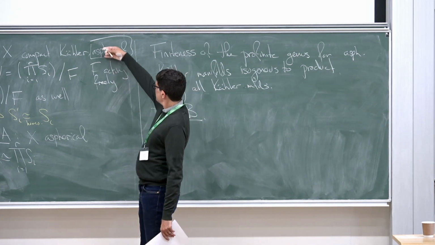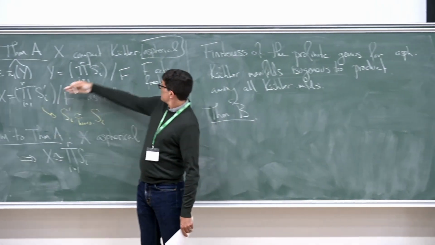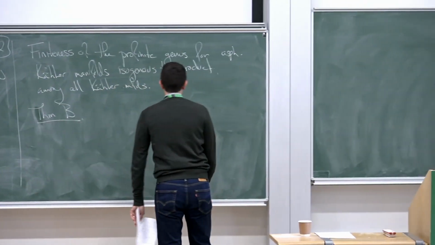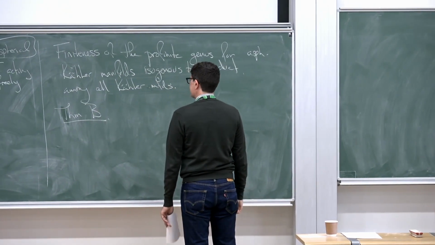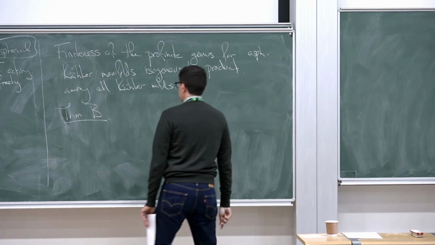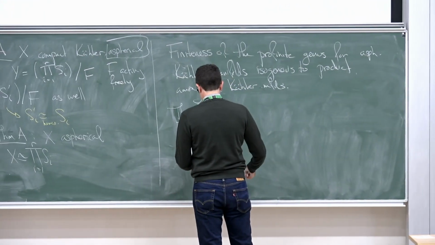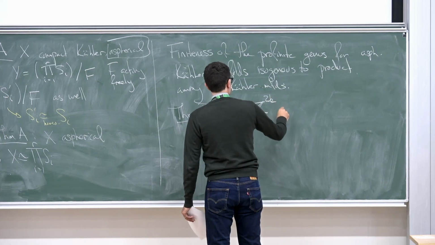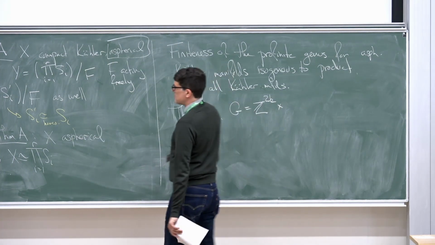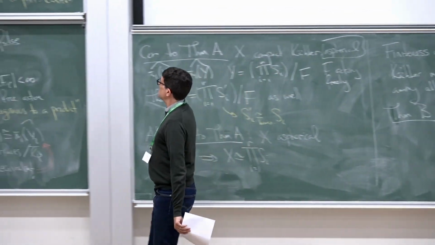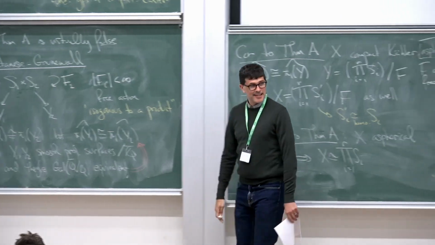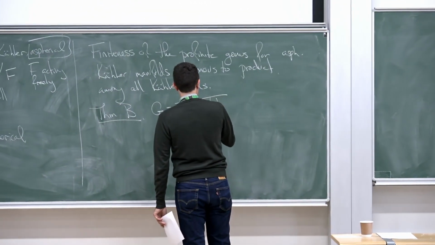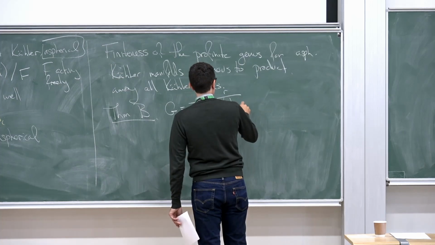I guess in this case, if you drop the aspherical condition, you'll still get the isomorphism of fundamental groups, not the homeomorphism. Okay. So you can add abelian factors to this. The keen of you in the audience are probably wondering, what about tori? I'm going to keep this relatively simple.